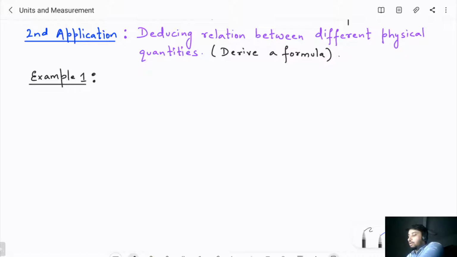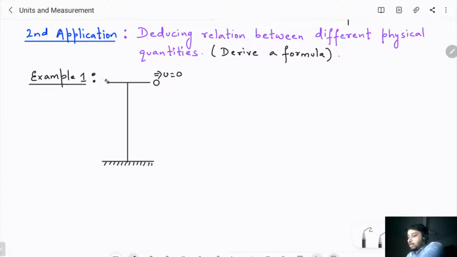Suppose you have a building and you drop an object from this building, from rest. So the initial velocity of the body is 0.